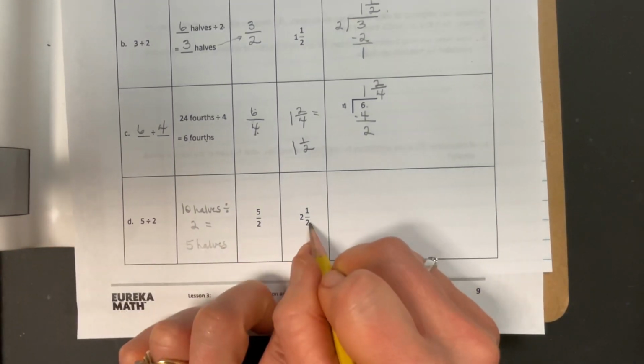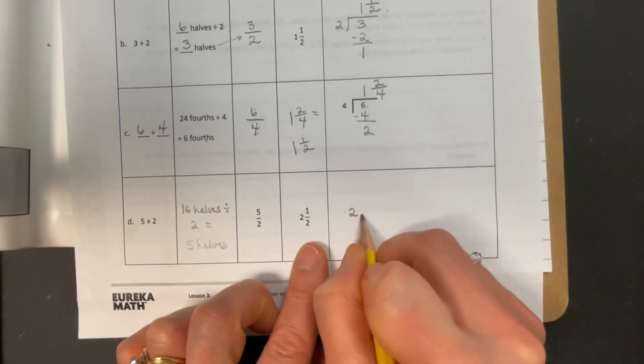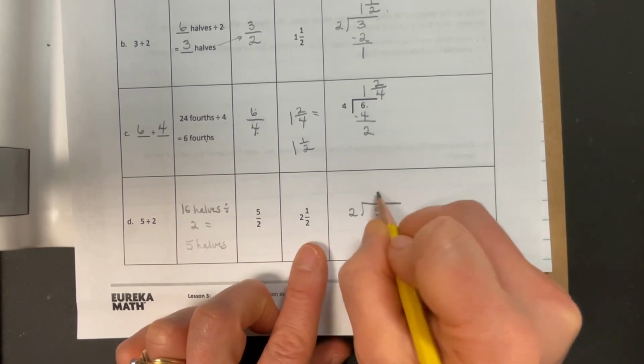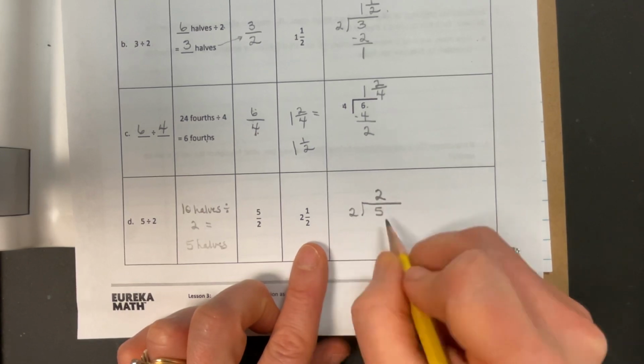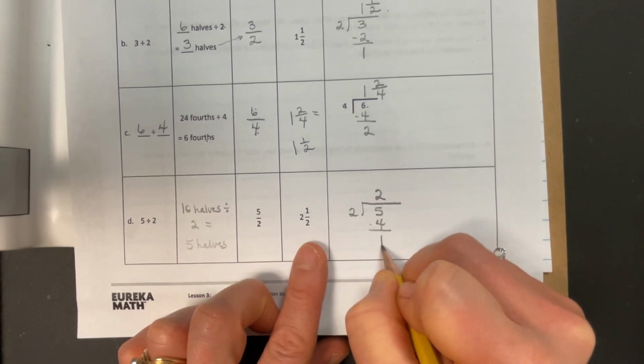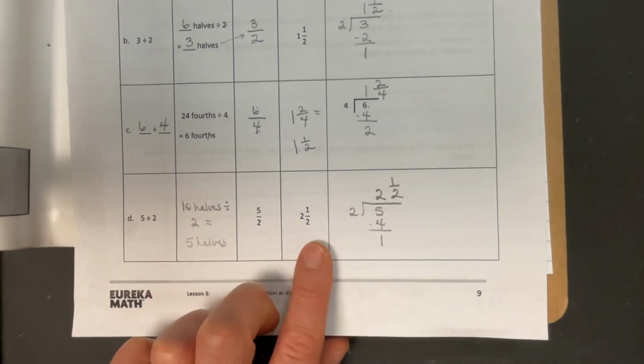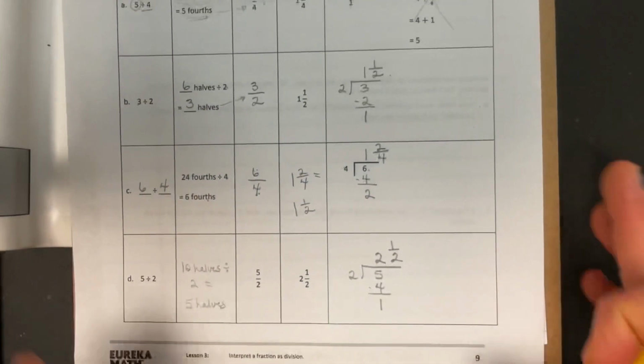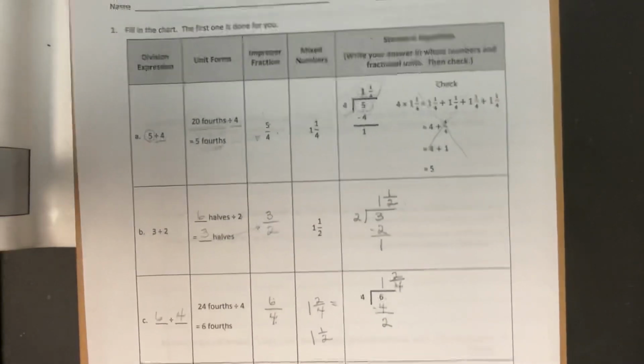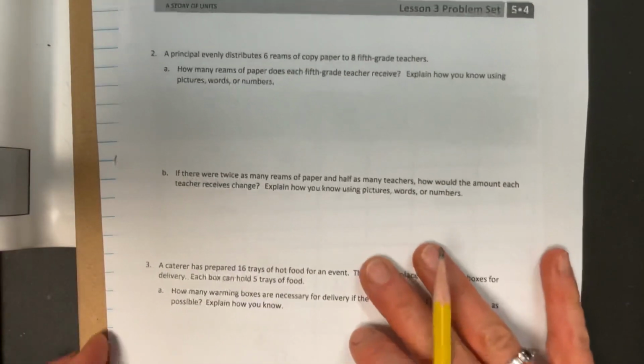So let's check to see that this is right. 2 divides into 5 2 times, because 2 times 2 is 4, and I have 1 left. 2 and 1/2. Check. All right, so hopefully you followed that okay. So let's take a look at the next page.